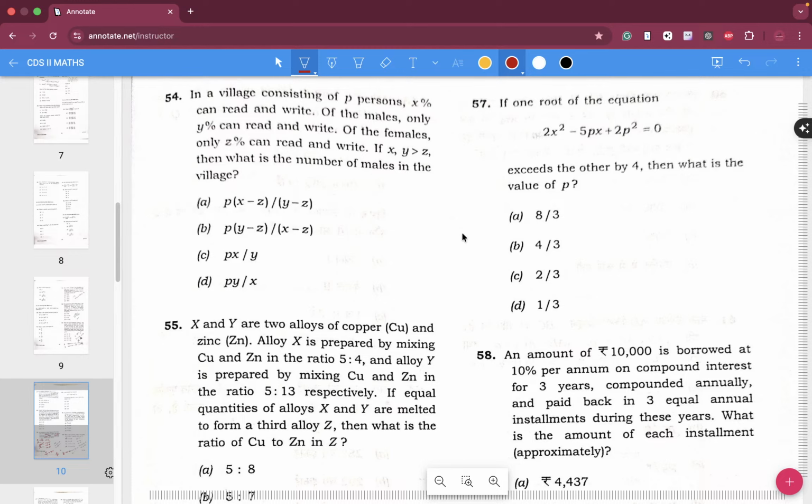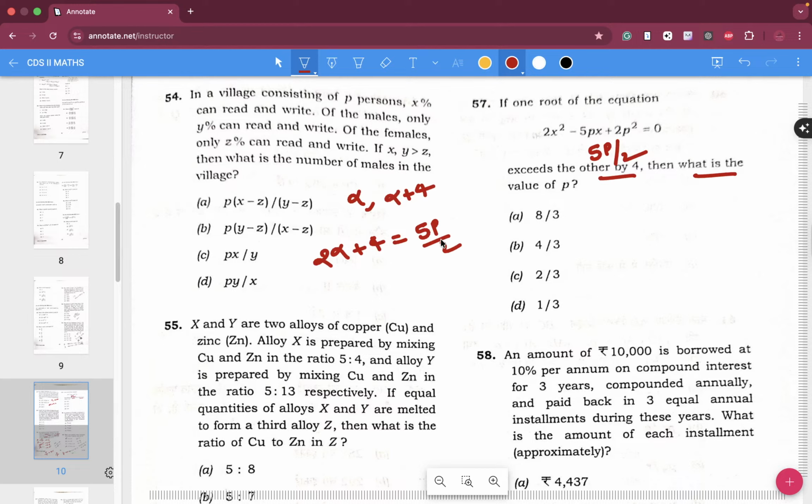Okay, so if one of the roots of the equation exceeds the other by 4, I'm saying one of the roots is alpha, another root is alpha plus 4, isn't it? And from this we can find out the sum of the roots. Sum of the roots, which means 2 alpha plus 4 is equal to minus b by a. Minus b by a is how much? 5p by 2, right?